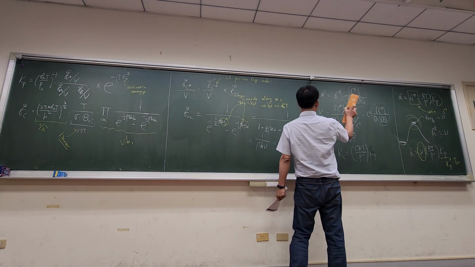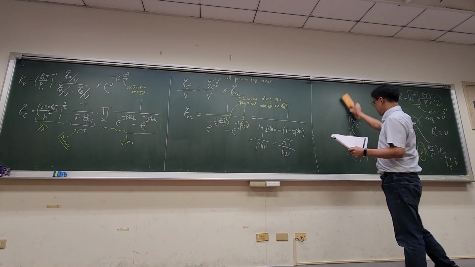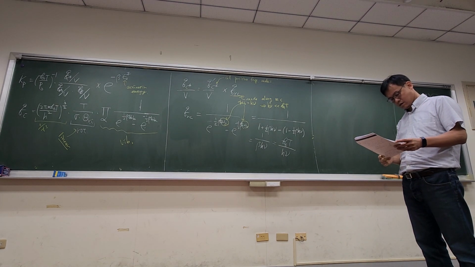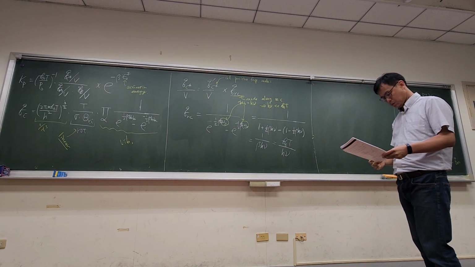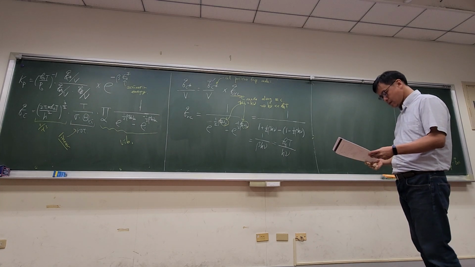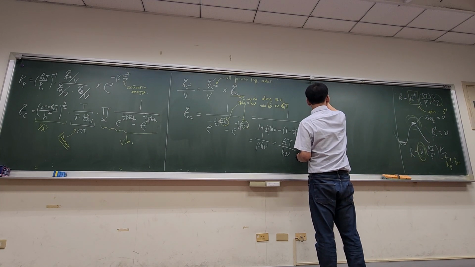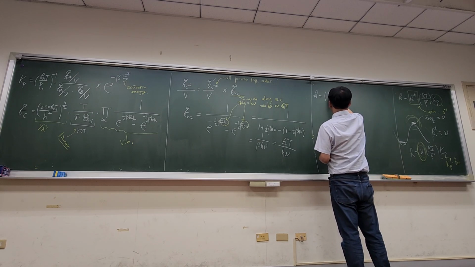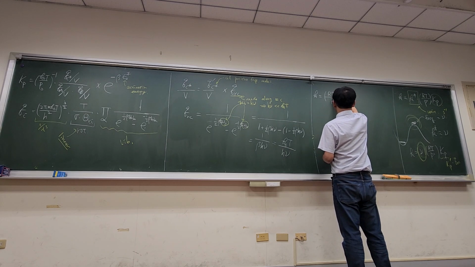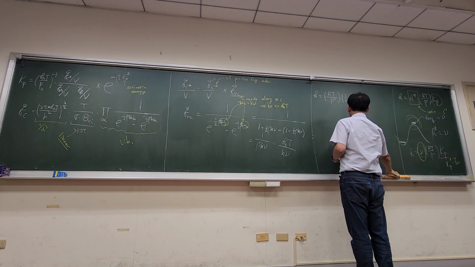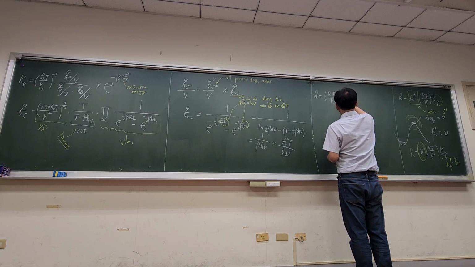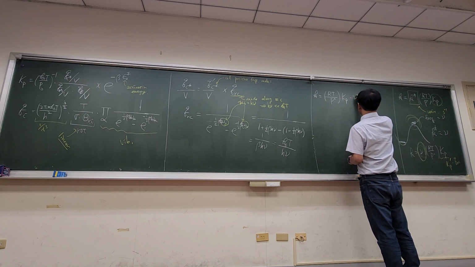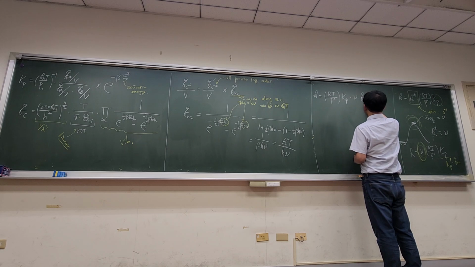So let me do it slowly here. So now our k will be kBT over h, e to the minus beta epsilon 0, and then nu times QRC.